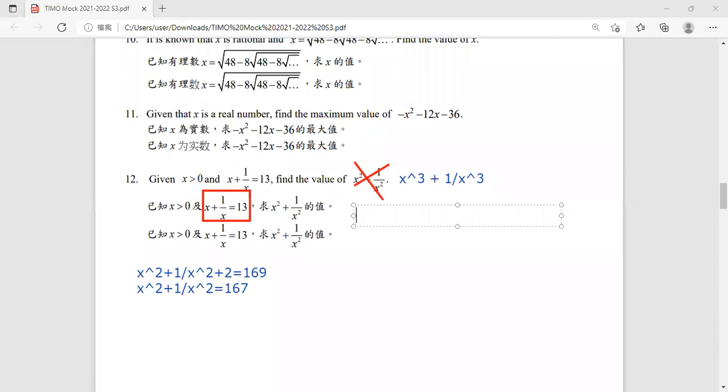Now this you can do, because you can use this result that I already have.